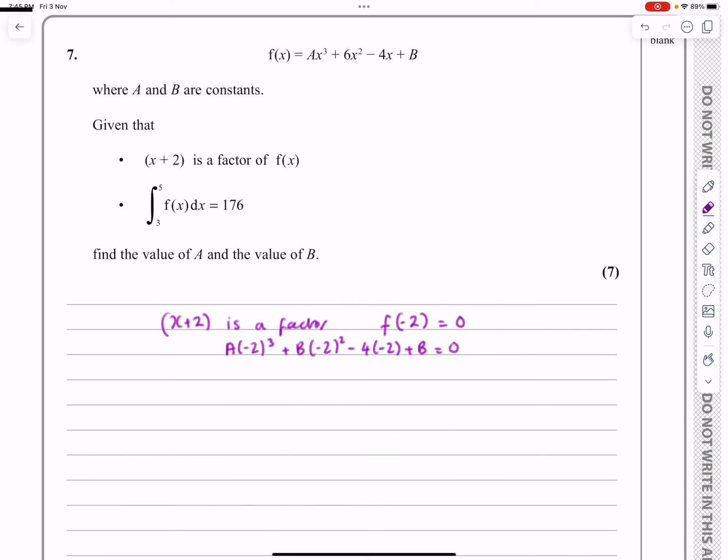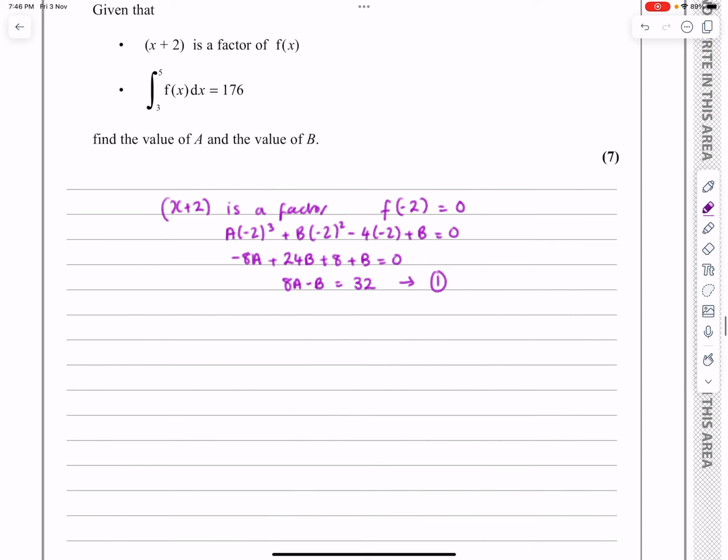If we tidy all of that up, that's -8a plus 4b plus 8 plus b equal to 0. And if we rearrange all that, I'm not going to take any time to do that sort of thing, you can just check it. It comes to 8a minus b equals 32. So that's the first equation.